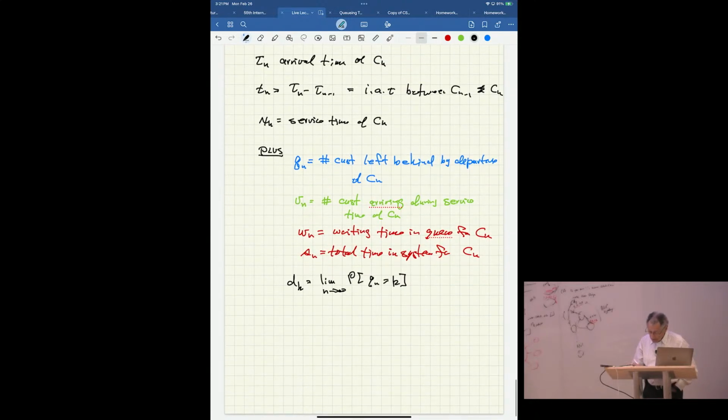And we want the following along the way of our getting our solution. We want the quantity Pij, which is the probability that the next guy, Qn plus 1, leaves behind j, given that the previous guy left Qn equal to i. These are the transition probabilities among these states in this embedded chain.